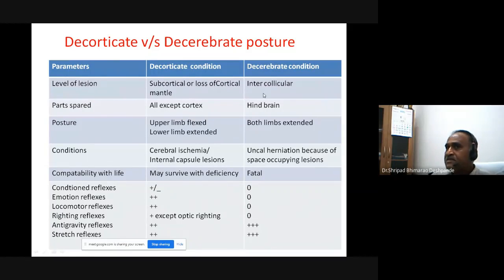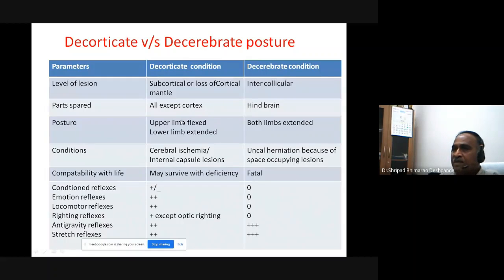Okay. Now here the intercollicular sectioning. The parts spared: all except the cerebral cortex. All parts of the brain remain intact, excepting the cerebral cortex. Only the hindbrain is spared. Hindbrain is the pons, medulla, and cerebellum.